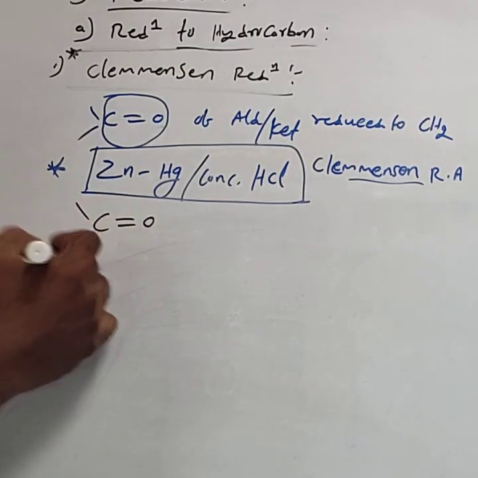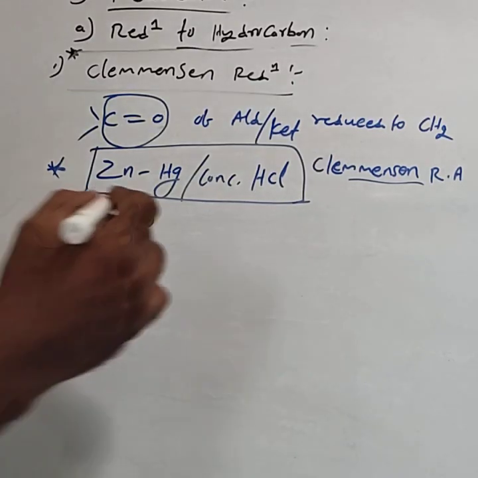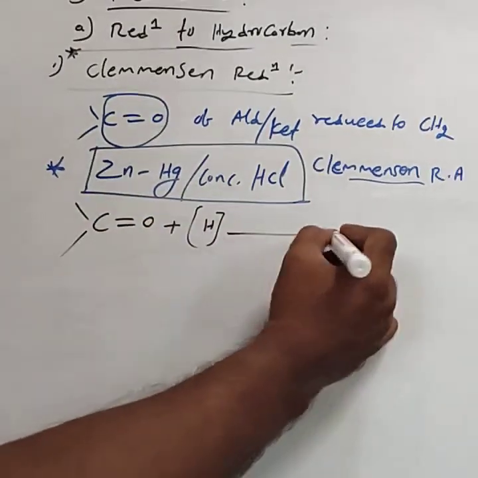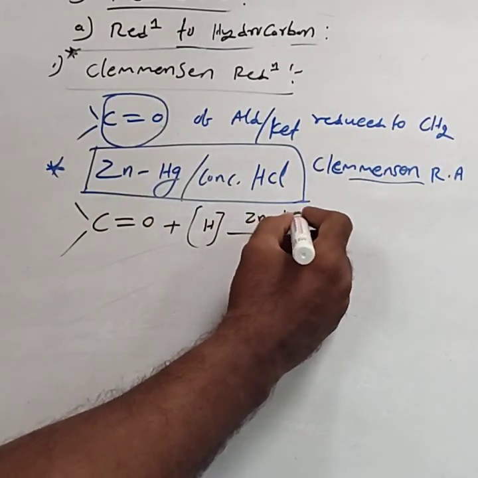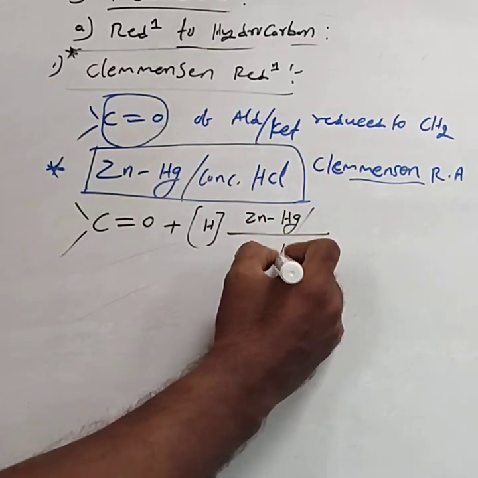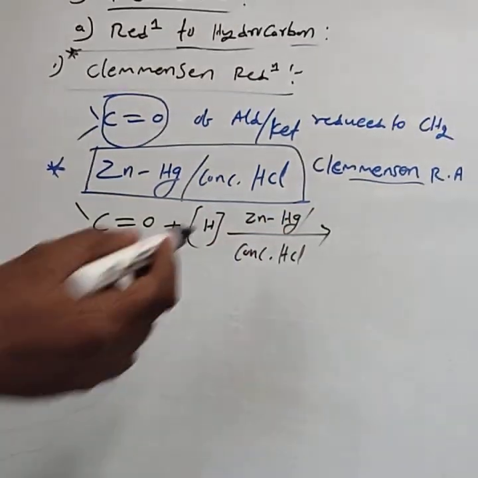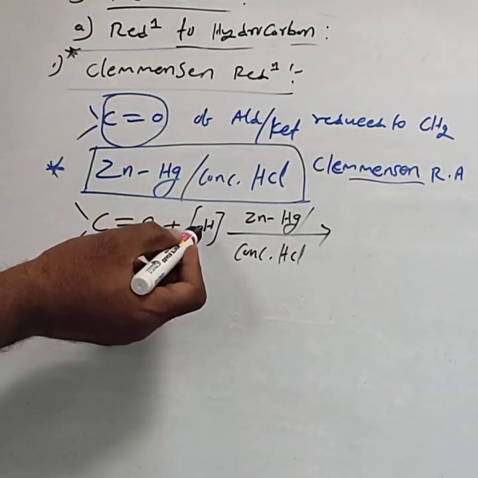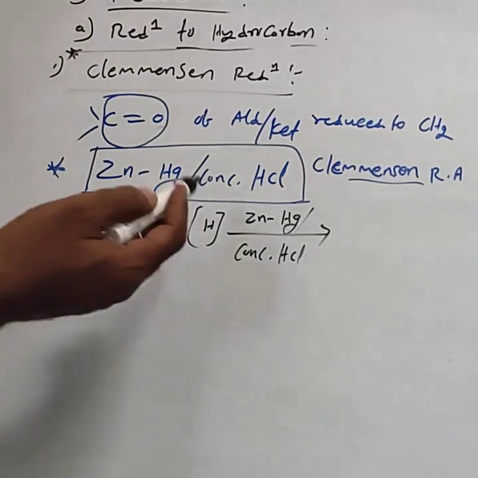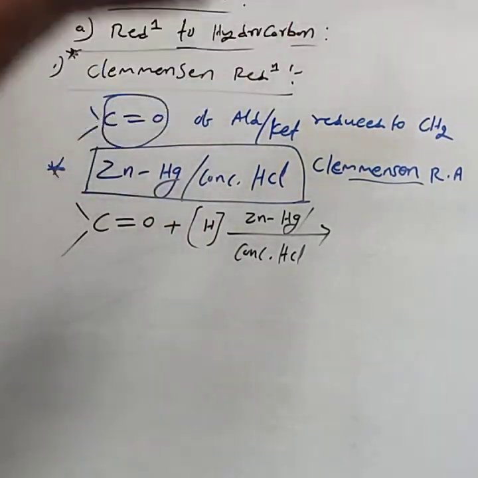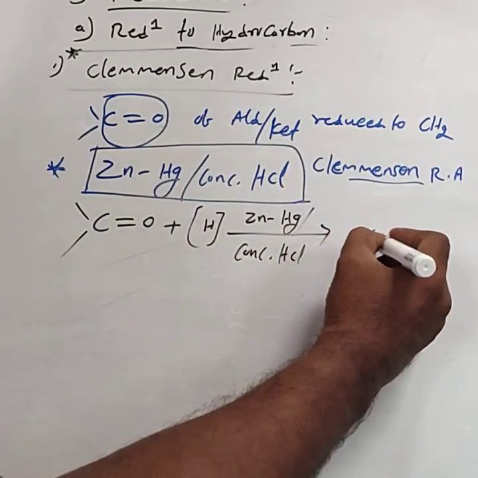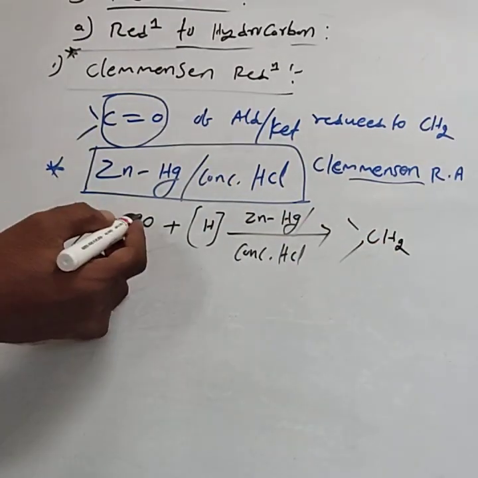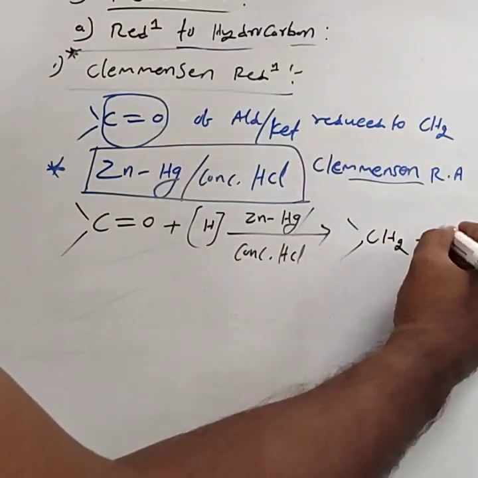The carbonyl group of aldehyde and ketone is reduced by using zinc amalgam in concentrated HCl. If you treat zinc amalgam with concentrated HCl, that releases hydrogen. The CO group is reduced to CH2. The rest remains the same, and the oxygen is removed in the form of water.